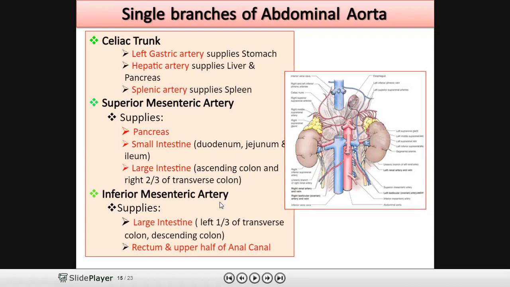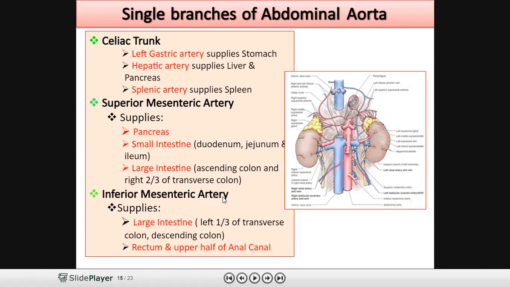If you understand the structure of the large intestine, just know that the first two parts, the ascending part and the two-thirds of the transverse colon, are supplied by the superior mesenteric artery, while the remaining one-third of the transverse colon and the descending parts, the descending colon, the rectum, and the upper half of the anal canal are supplied by the inferior mesenteric artery.